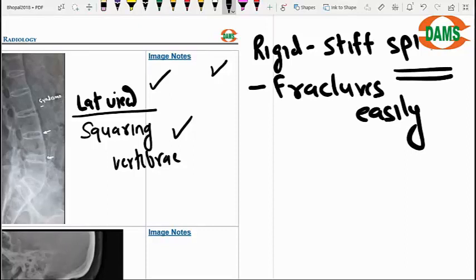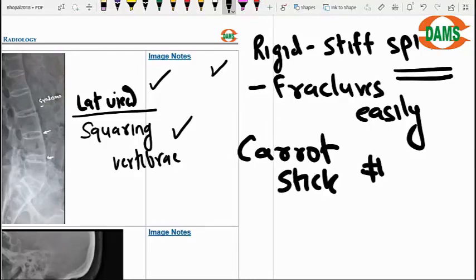So listen to me and understand. Sometimes the patient after an injury may develop a fracture of the entire vertebral column through and through, as if somebody has broken a carrot. It is complete breakage of the entire vertebral column. That is what is called as carrot stick fracture. So in ankylosing spondylitis, you will see carrot stick fracture.